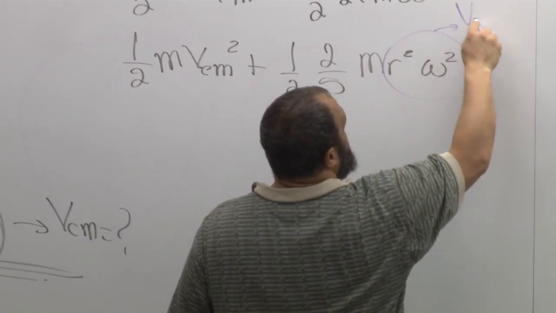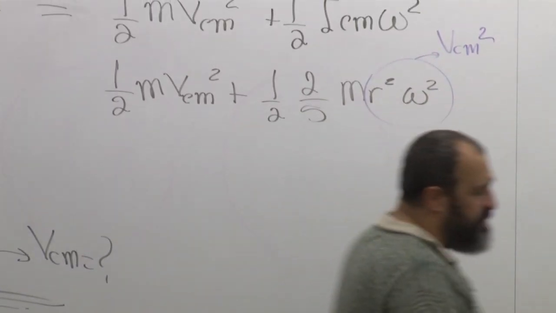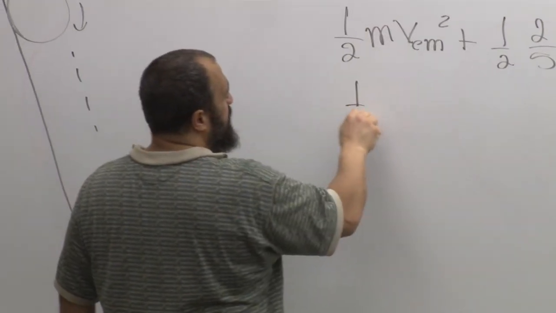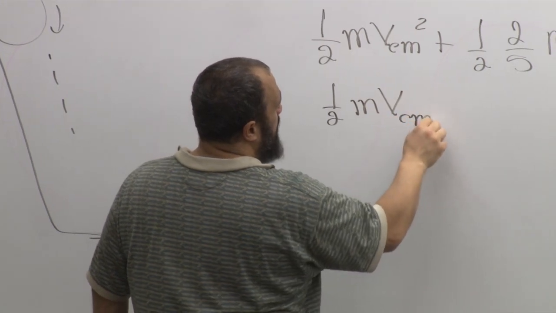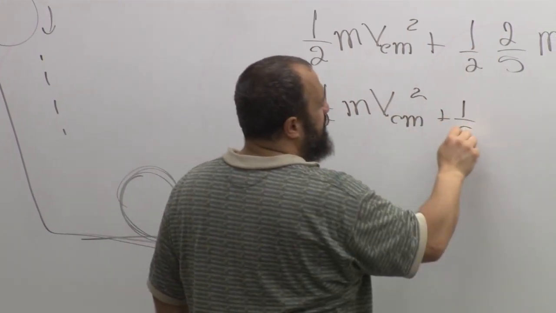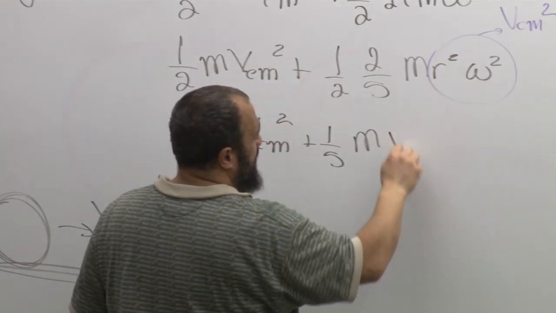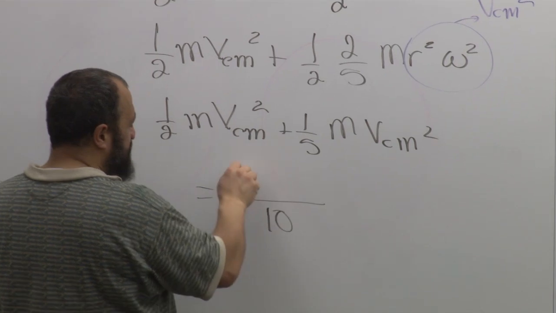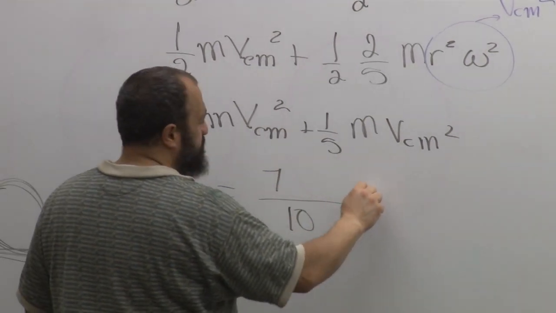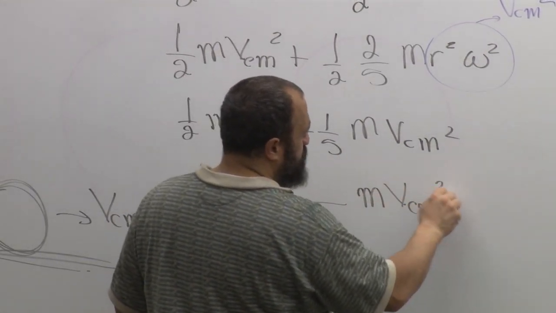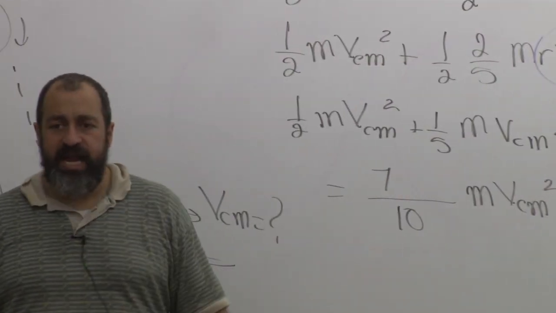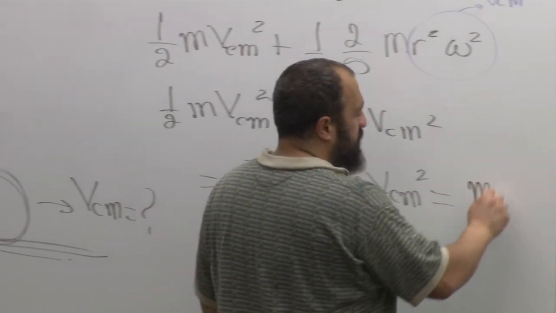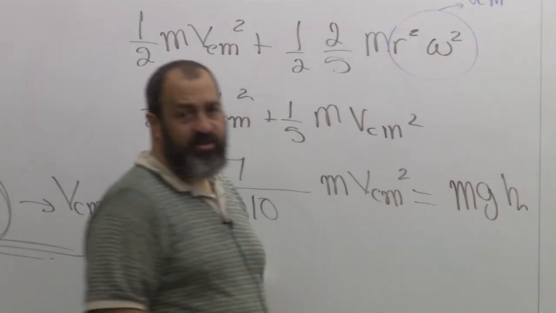VCM squared. So from this, we get that 1/2 m vcm squared plus 1/5 m vcm squared, that is 7/10 m vcm squared, that is the total kinetic energy of the object, must be equal to the gravitational potential energy that we lost to get down there.